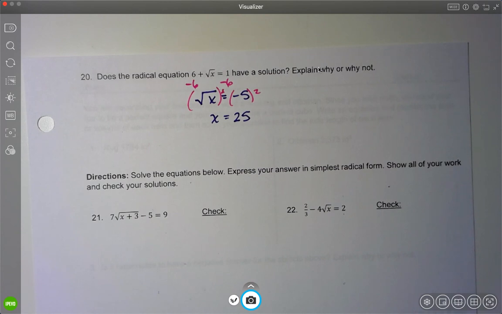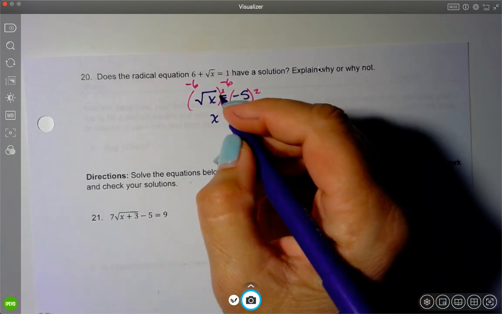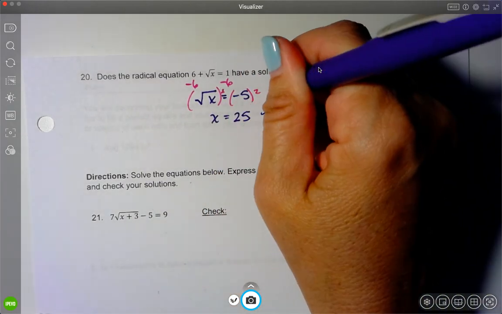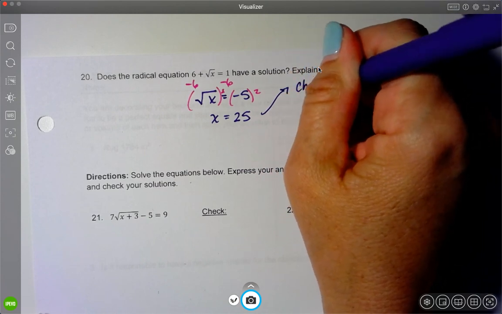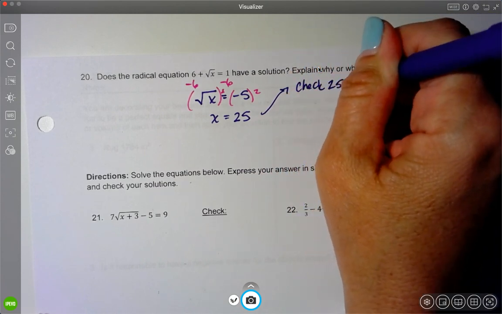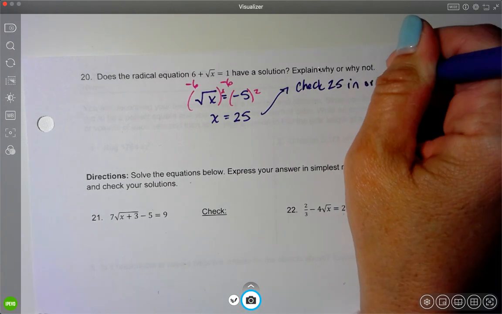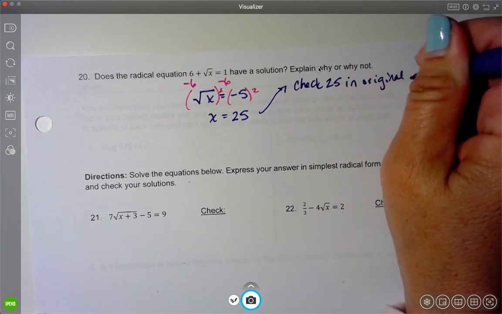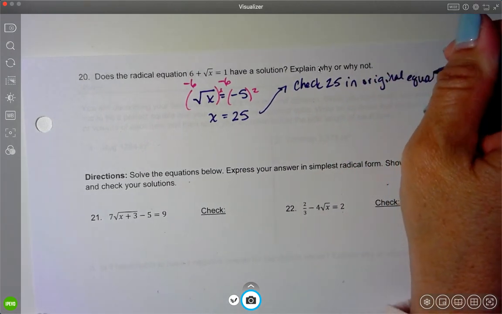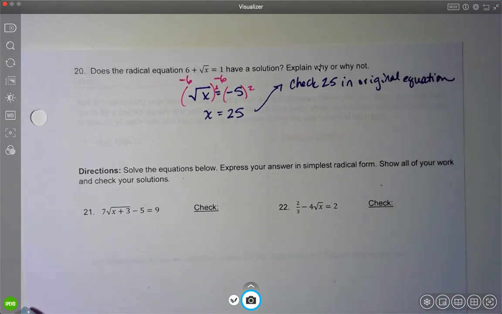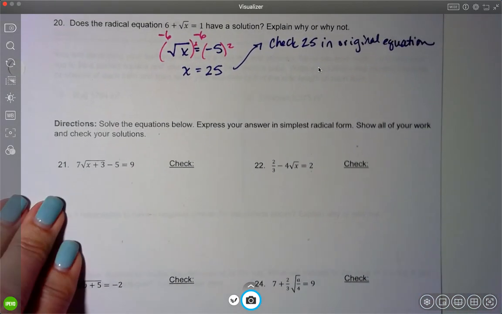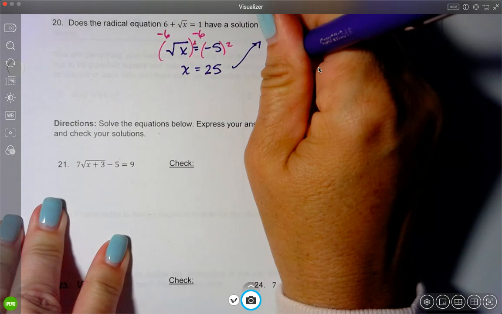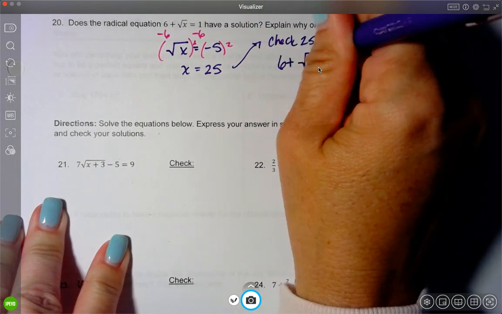But I need to go ahead and check this answer in the original equation. Okay, so my original equation was 6 plus square root of x equals 1.